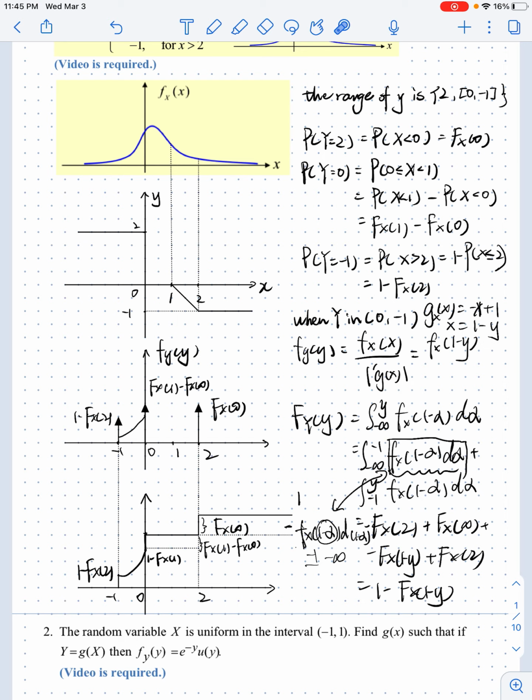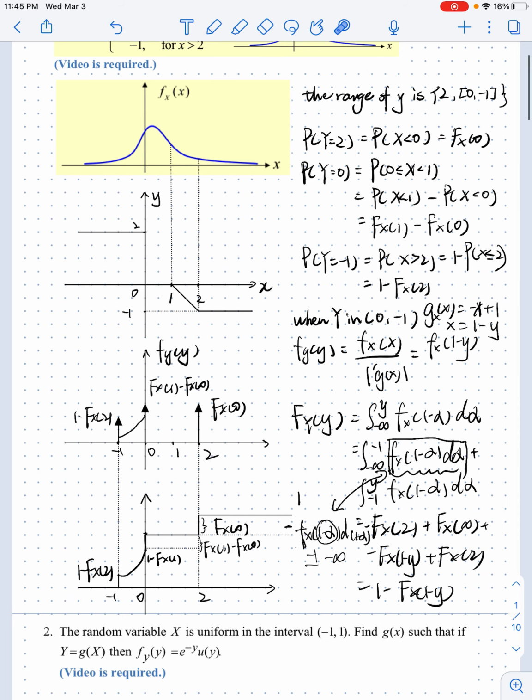We can eliminate the same item because they have different signs, and then the result would be 1 minus Fx(1 minus y).